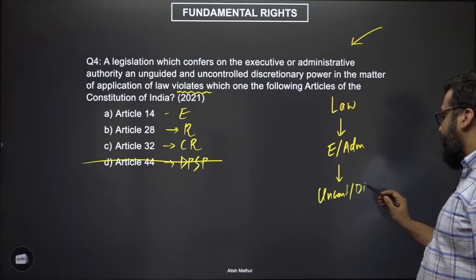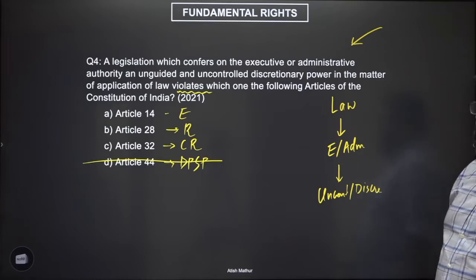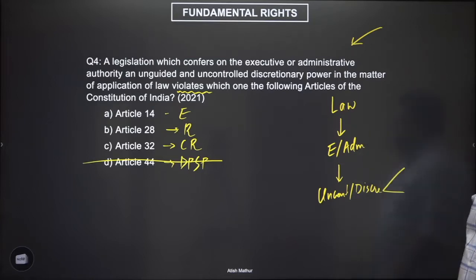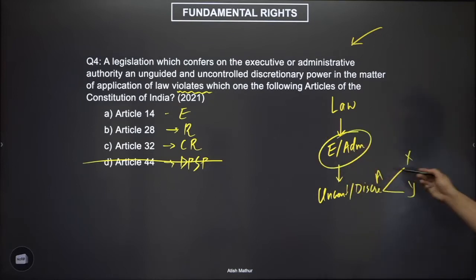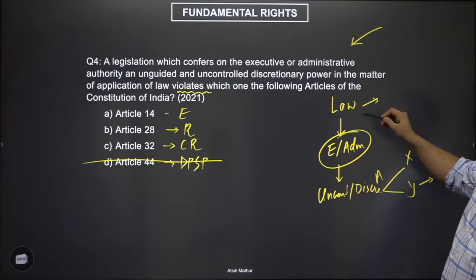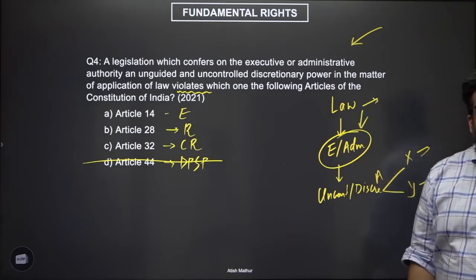It is a discretionary power, which means if the executive has to apply this power, it will apply this power arbitrarily. If it had to apply this power to two people X and Y, they have absolute freedom to apply this power unequally to X and Y. And the reason they're able to do this is because a law is giving them this power to do so.